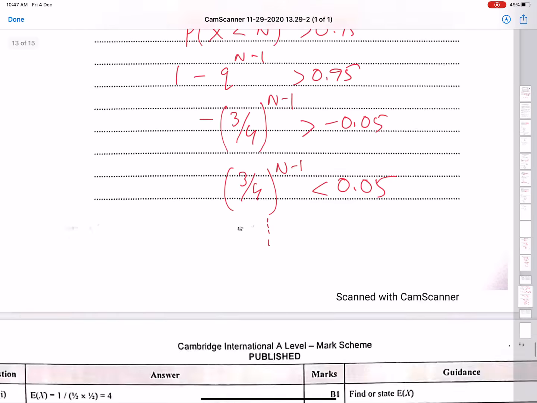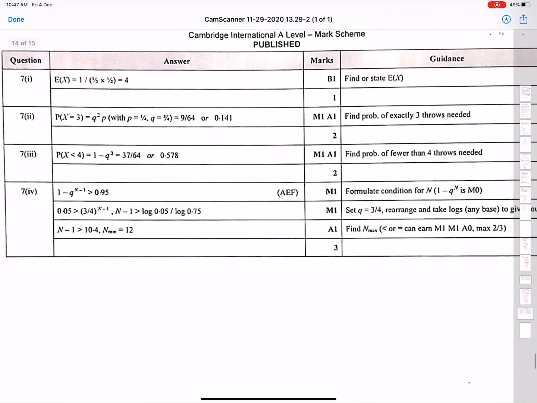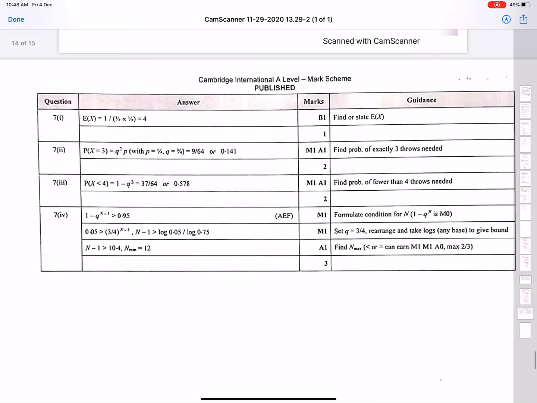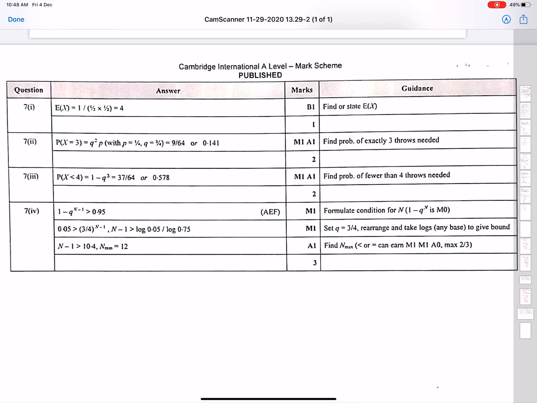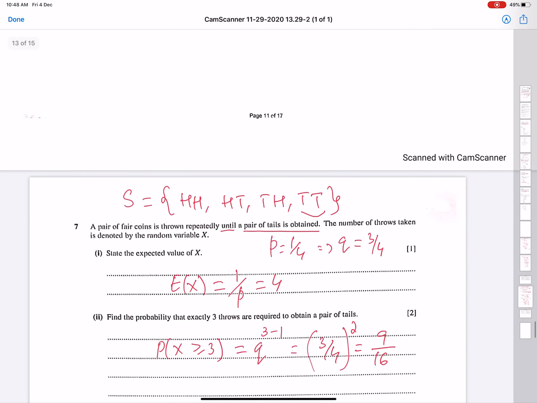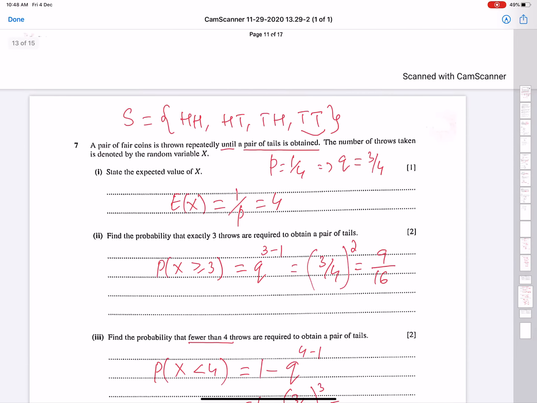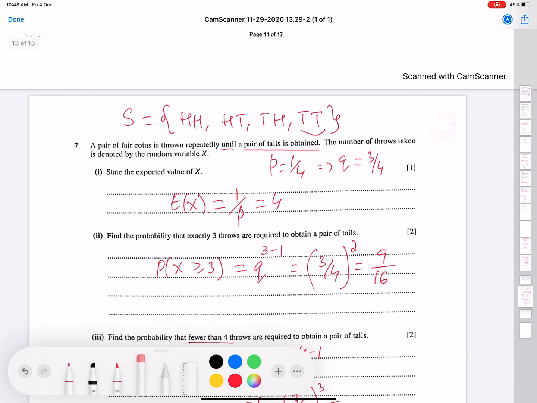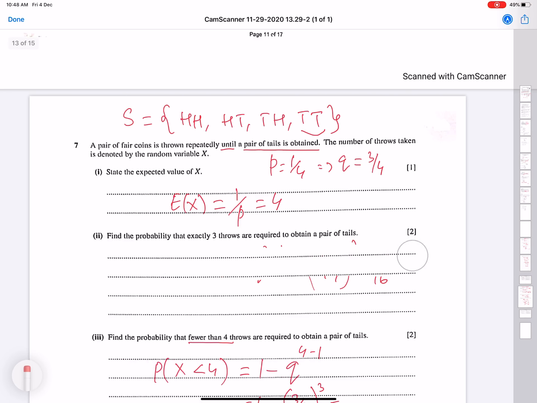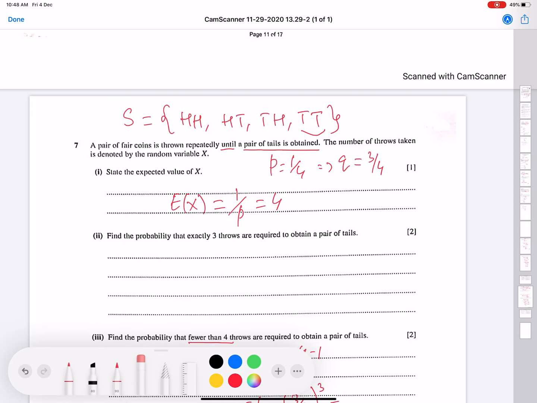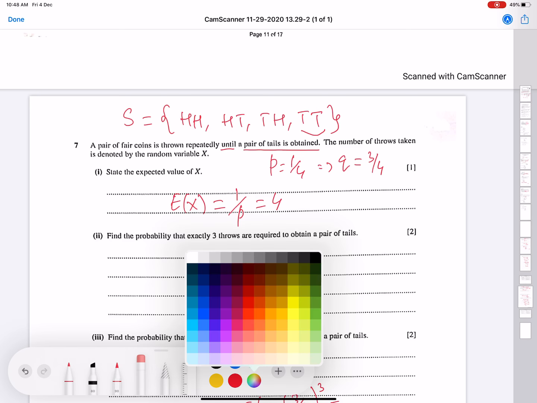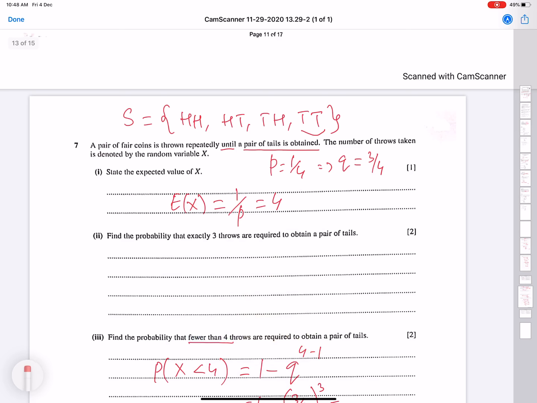Now let me show the answers. Well, these are the answers. 4, second part is q square p. Let me check this. Oh, I'm sorry. I've made a mistake. Let me correct this. It was x is equal to 3. Let me do it with this pen. Exactly 3.